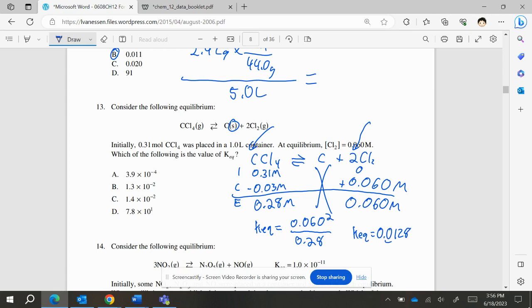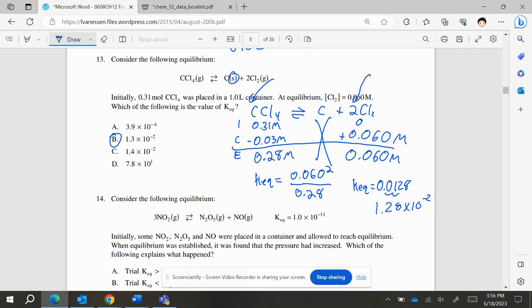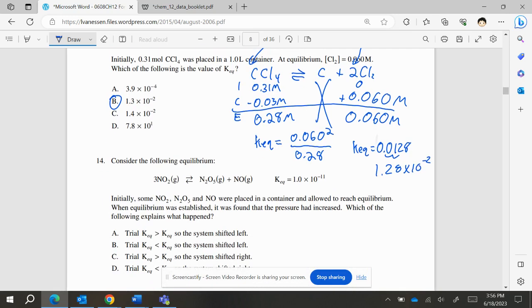Or in other words, 1.28 times 10 to the minus 2. Or 1.3. That rounds to 1.3. Yeah, 1.3 because of the sig figs. Everything is 2 sig figs in there. Okay.